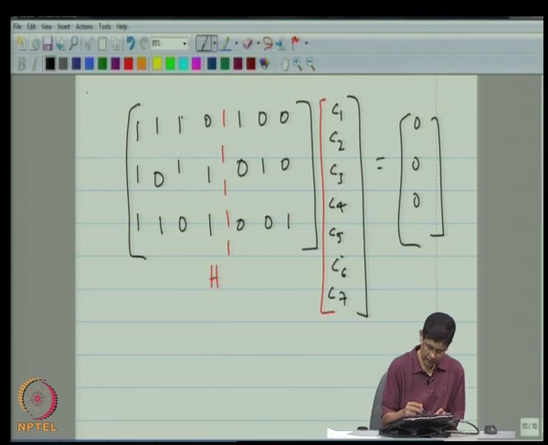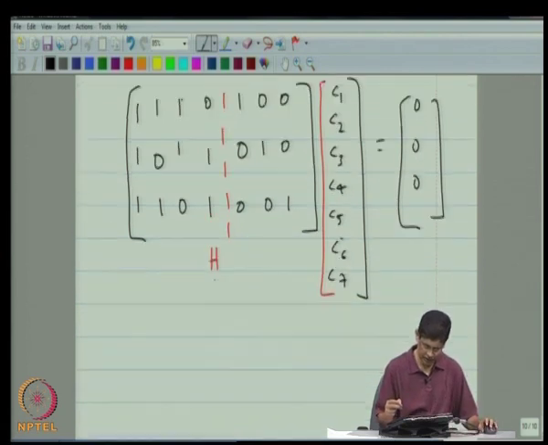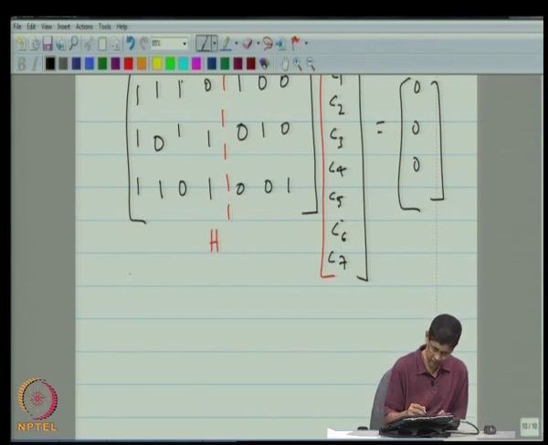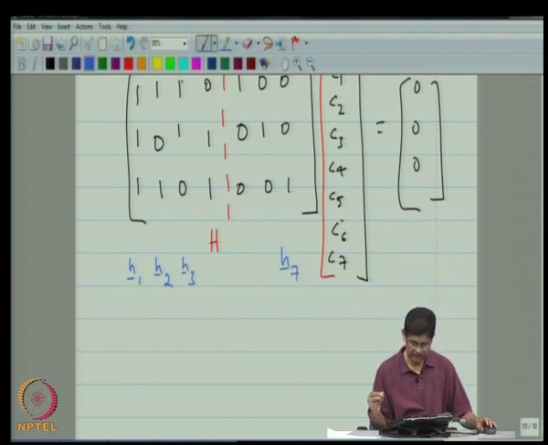And if I call these column vectors of the matrix, let us call them, maybe I should choose a different color, so let me write this in blue, H1, H2, H3 all the way up to H7.